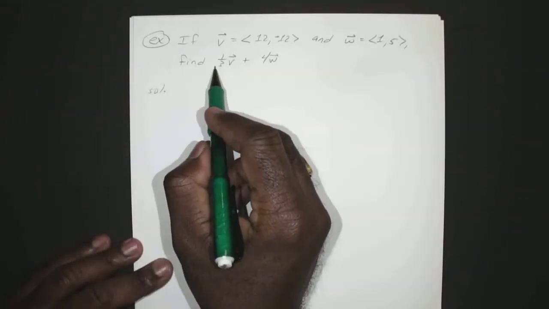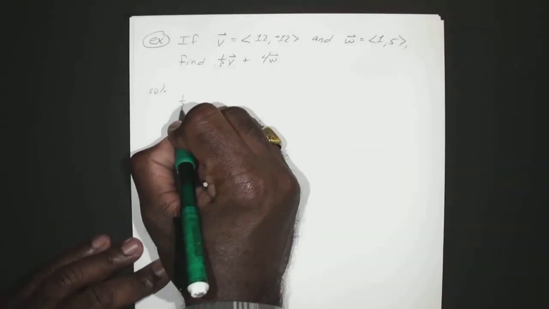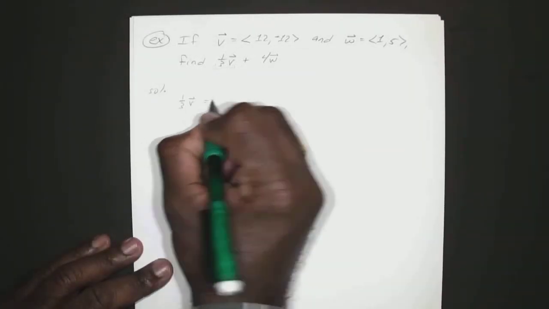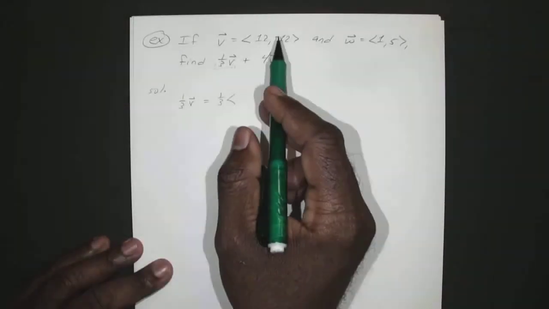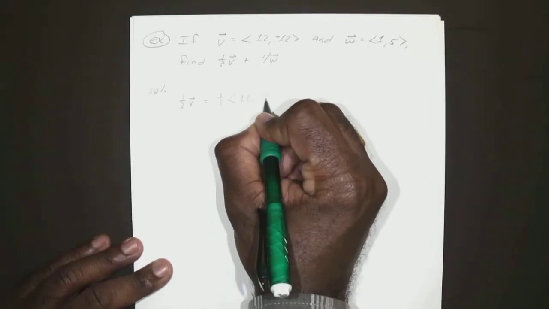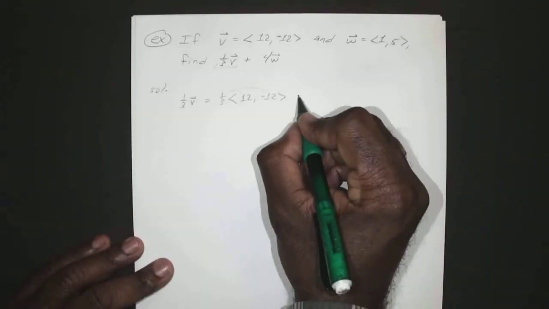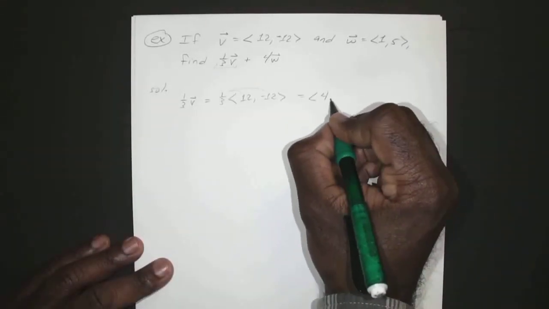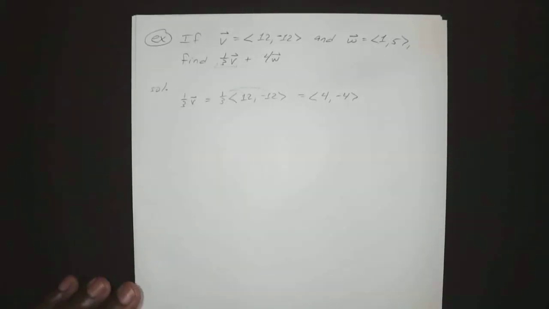Okay, so the first thing we want to do is find our 1/3 times the v vector. Okay, so that's going to equal 1/3 times the vector with components 12 and -12. So if we distribute our scalar multiple, we end up with a vector with 4 and -4 as your components.